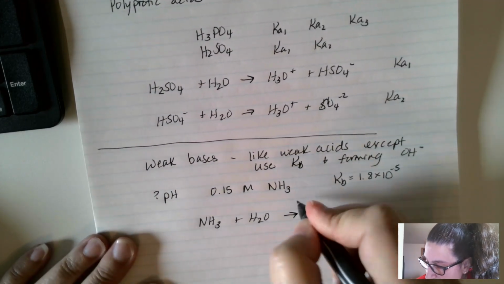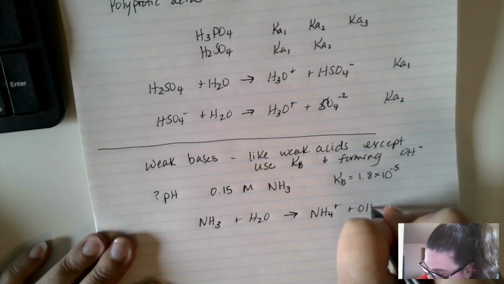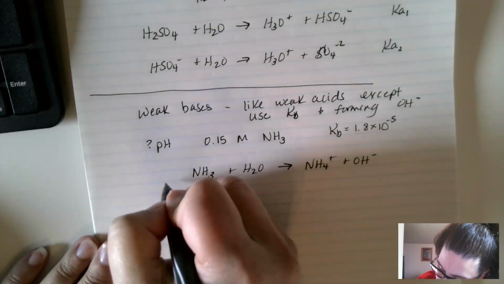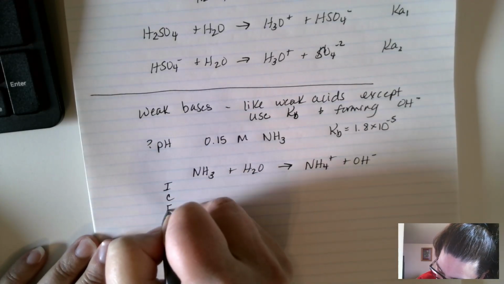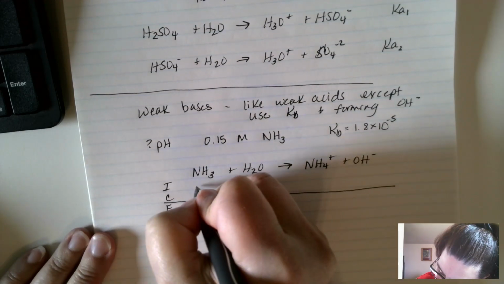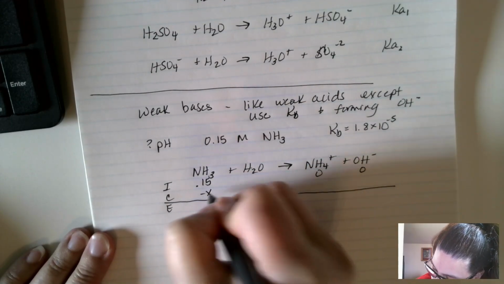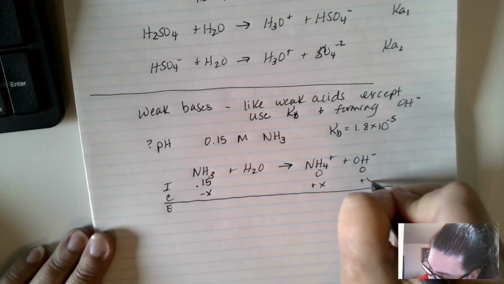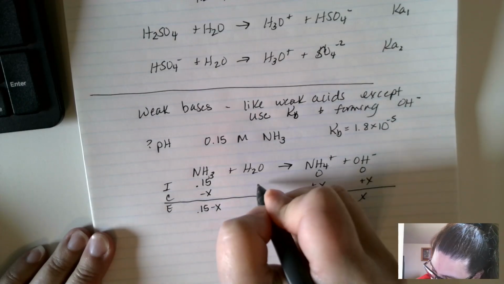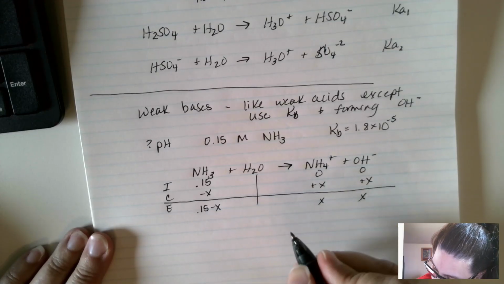Okay, now remember, bases are acceptors. So we are going to form OH- and NH4+. And I don't know how much of this, since it's weak, is actually going to split up into ions. So just like an acid, I use X, and I set it equal to my Kb.